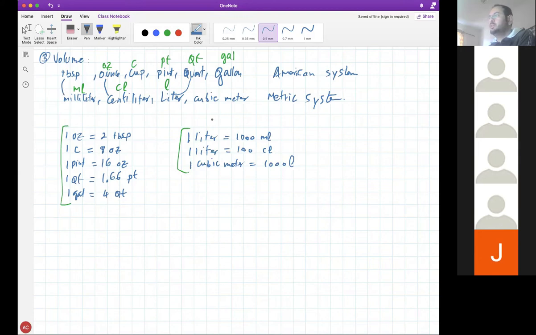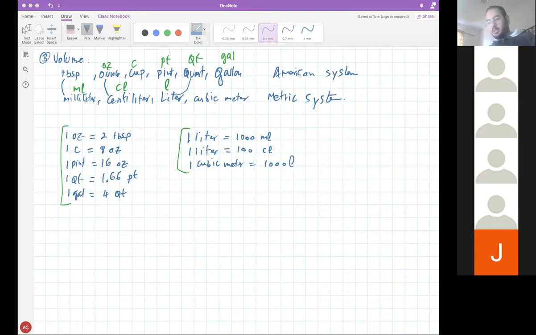Not equal, but pretty close. The main one I think you should know here is 1 quart is almost exactly 1 liter. 1 quart, which is that milk carton you see at the market, is almost exactly 1 liter. You can check the label on it. It would say it's very close.